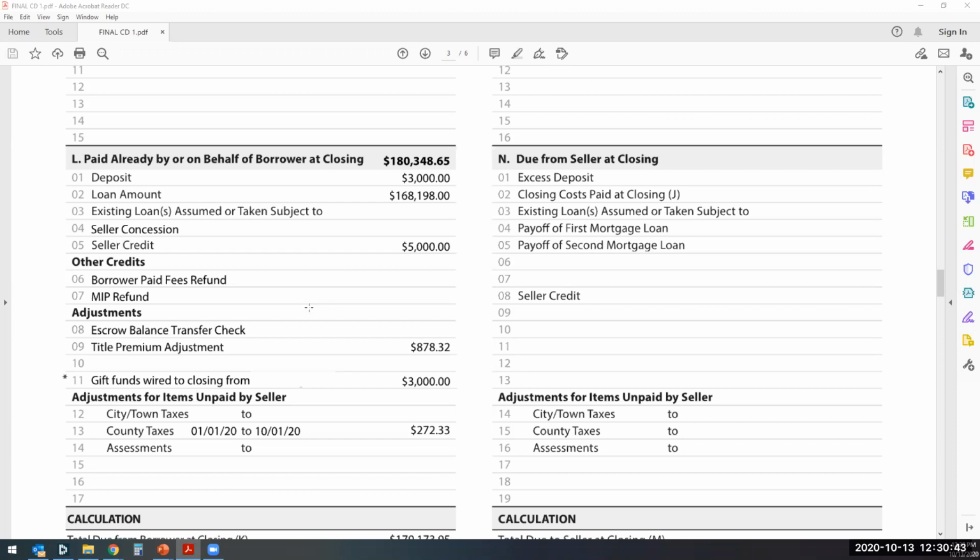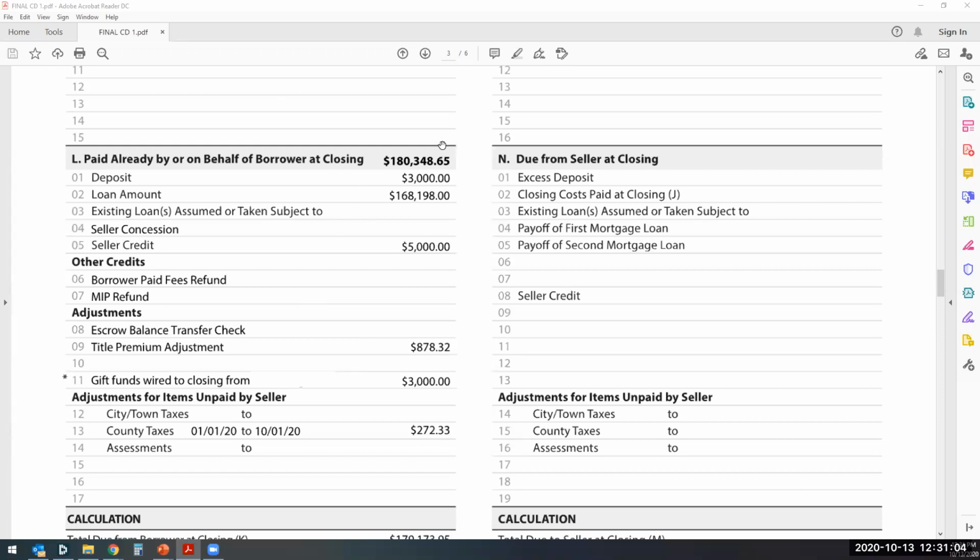Remember, the taxes are paid at the end of the year. So they have to give a credit to the buyer for those taxes, okay? Because I am collecting for the whole year, right? But the buyer has not lived in the property for the whole year. That's why the seller has to give them a credit.